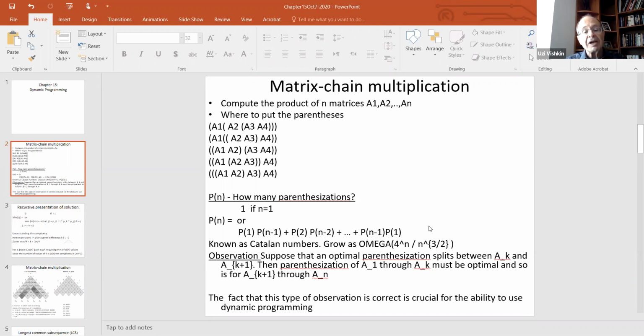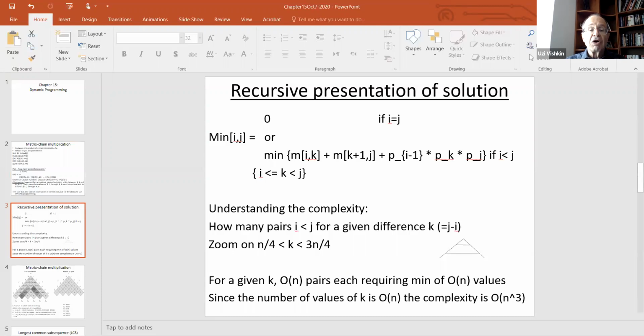As we are going to see, we need to keep track of the various parenthesizations of smaller things, because we are going to look at it recursively, and only by keeping track of all the different prior possibilities will we be able to figure out the optimal next step. So basically, the formula that is going to guide us will be the following.